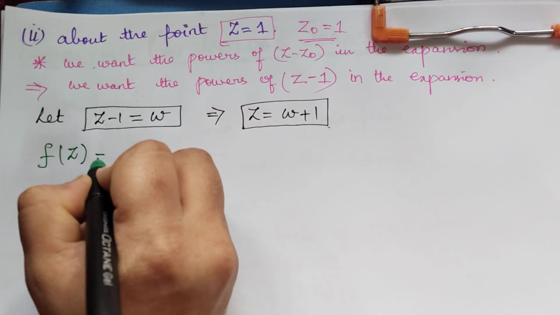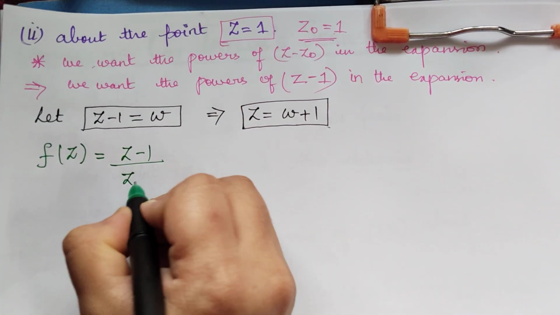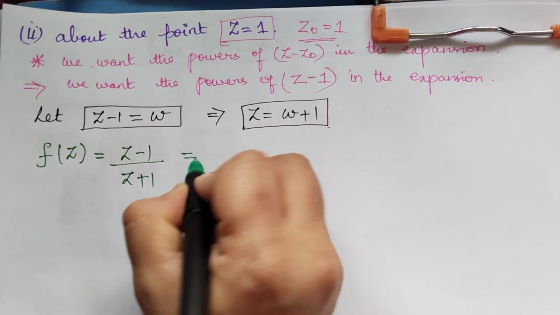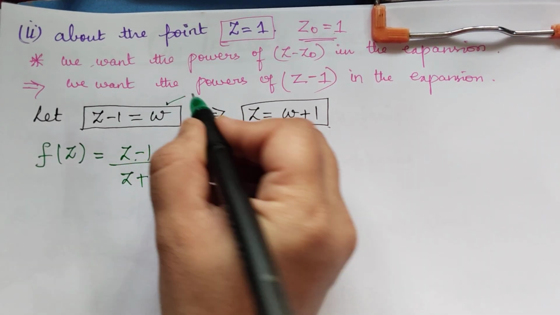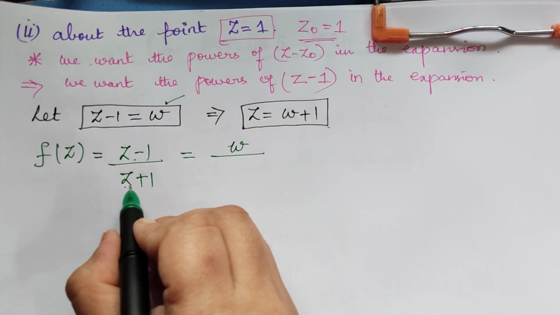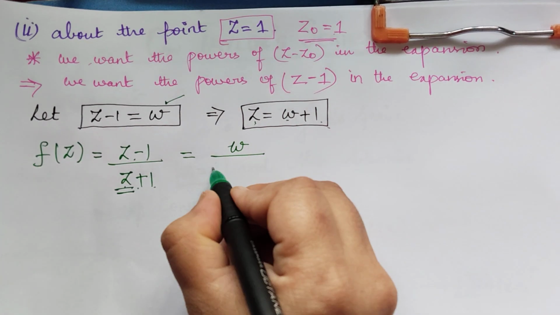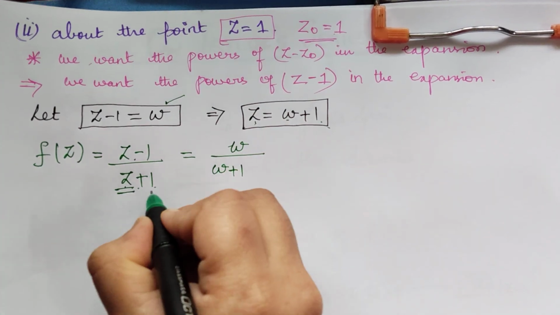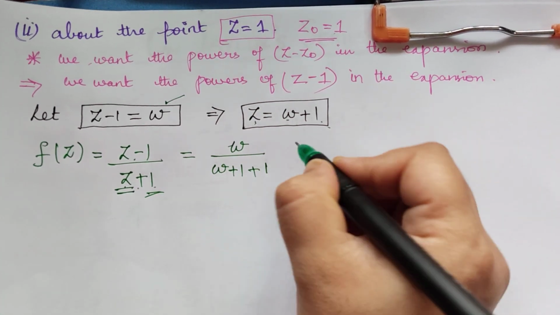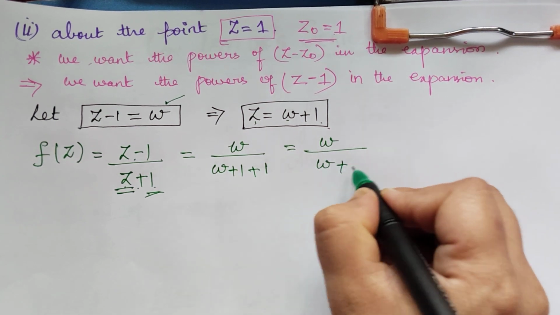From the question, f of z is equal to z minus 1 divided by z plus 1. What is z minus 1? We have substituted as w. So it becomes w divided by, now z plus 1 we have here. Z is what? W plus 1. So it will be w plus 1 and then plus 1, which is equal to w divided by w plus 2.